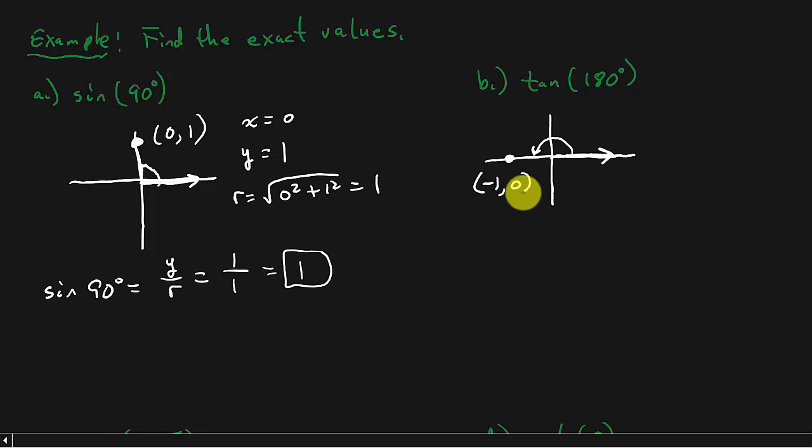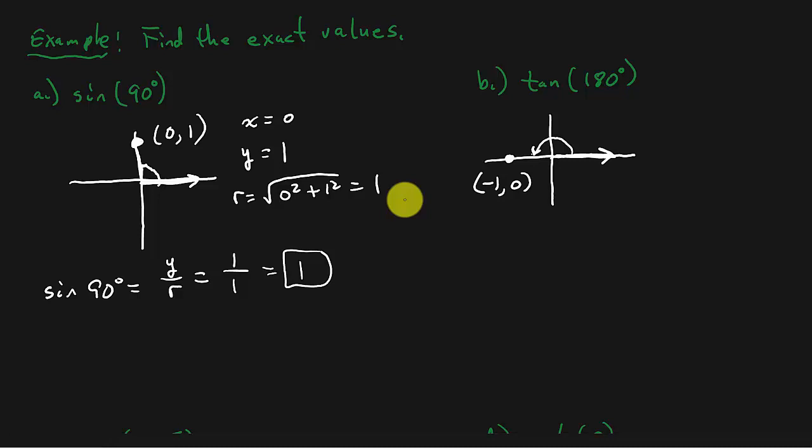And like I said, you can pick any point on this line that's to the left of the y-axis. So I could pick -10 million, 0 if I wanted to. I could pick -√3, 0 if I wanted to. Just pick the 1 or the -1. That's the easiest.